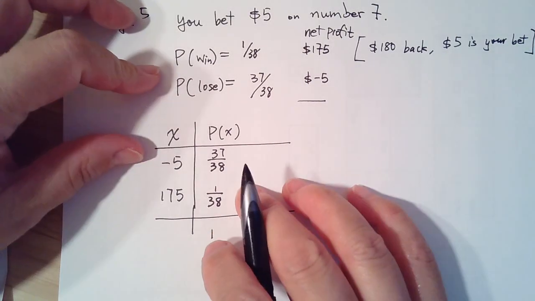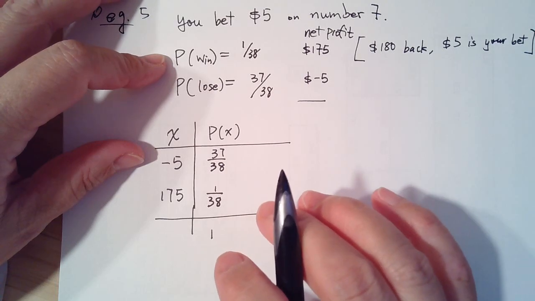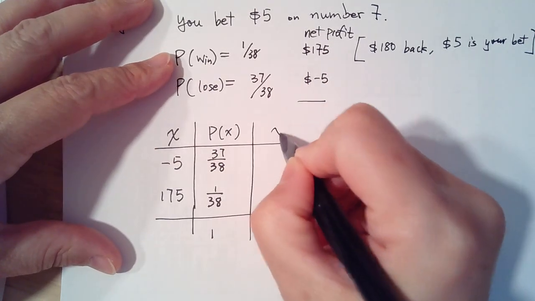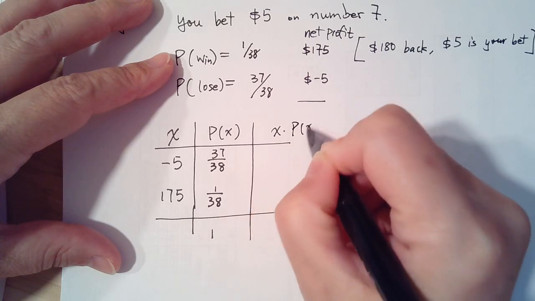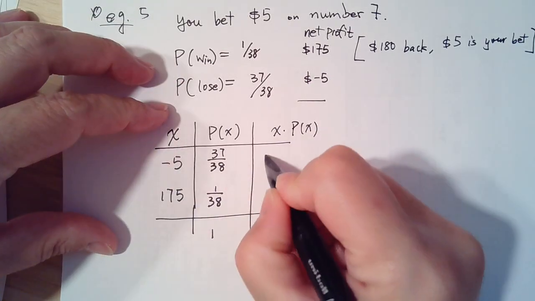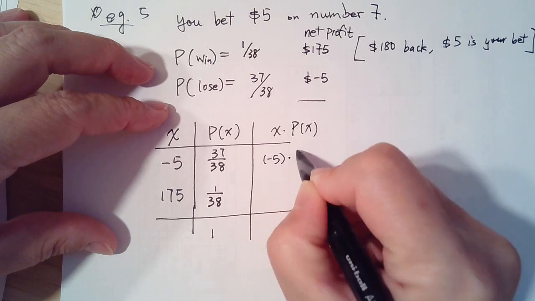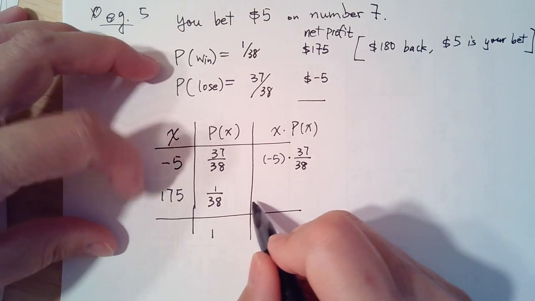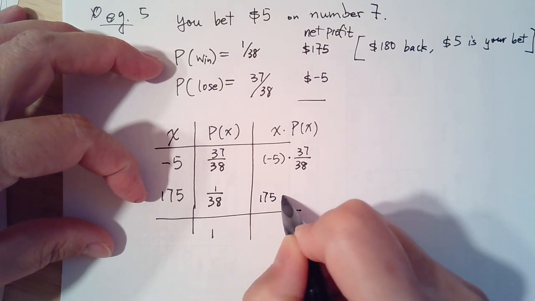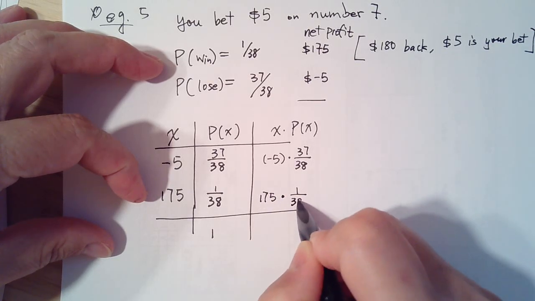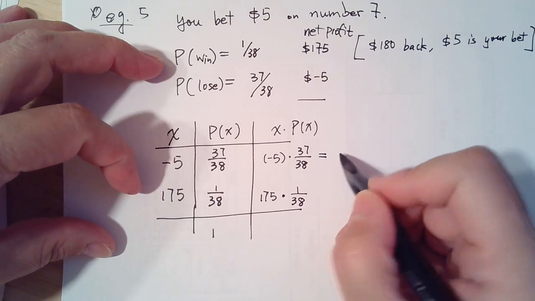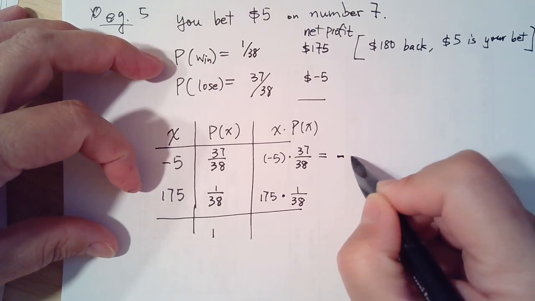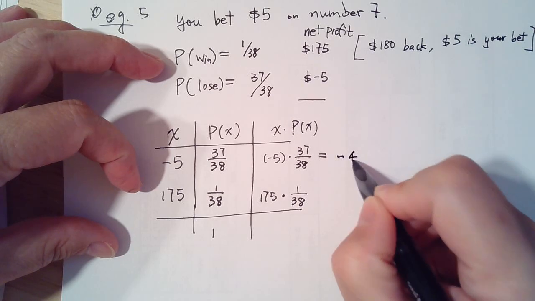Now, I ask you to find a mean. That's x times p of x. So that will be negative 5 times 37 over 38. And here it's going to be 175 times 1 over 38. Of course, you have your calculator, so you can get the answer. It's negative 4.87.